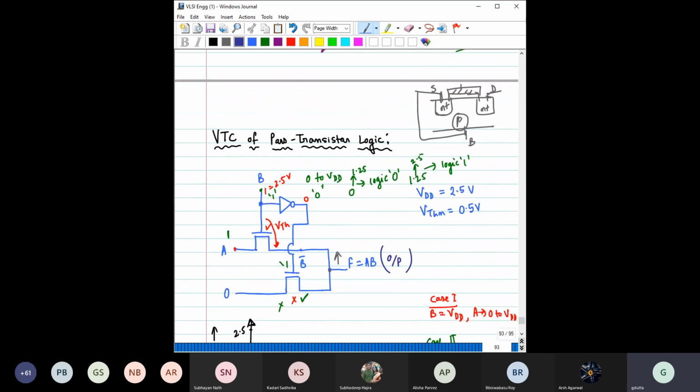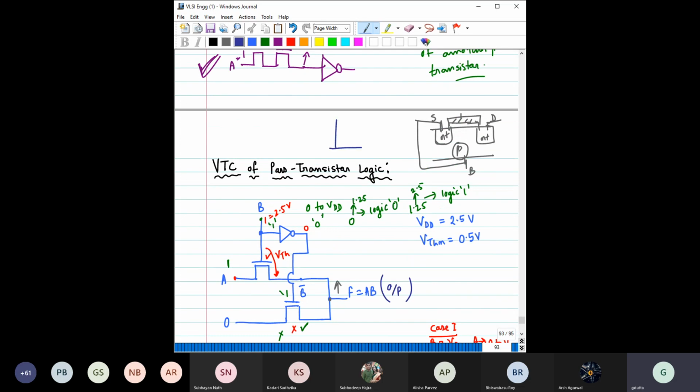If you recall, what was the VTC for a static CMOS inverter? Like this, Vout versus Vin. This was for the static CMOS inverter, right? Do you also recall that near the beginning of this course we discussed a property called the regenerative property?